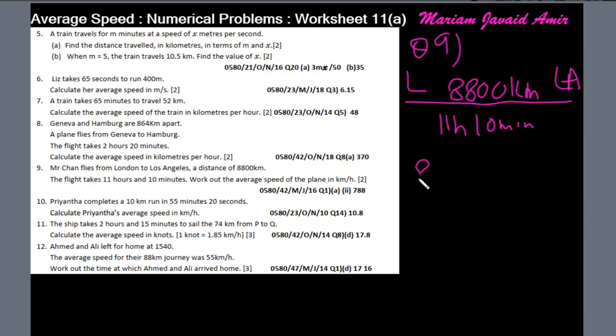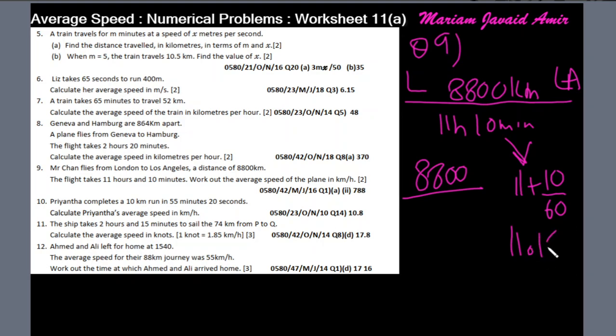So average speed is total distance over total time. Now what is the total time in hours? 11 plus 10 by 60. So 11 plus 10 by 60 is 11.16 with a recurring dot on 6.